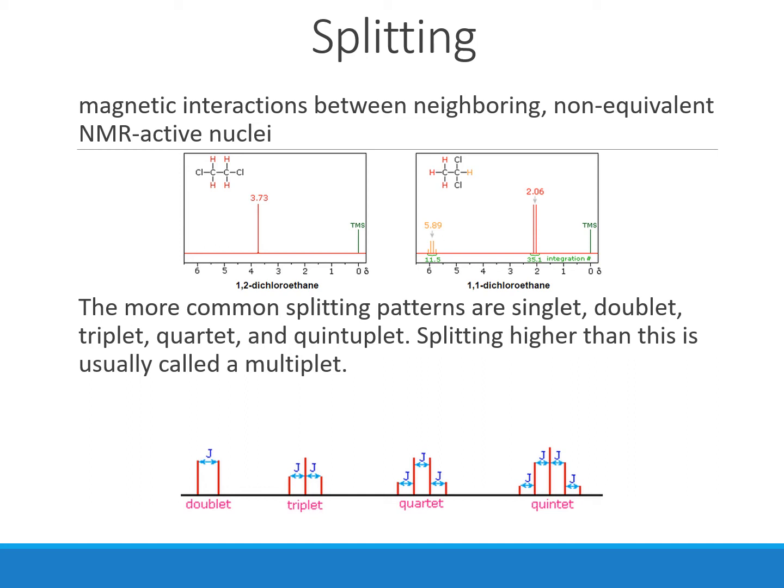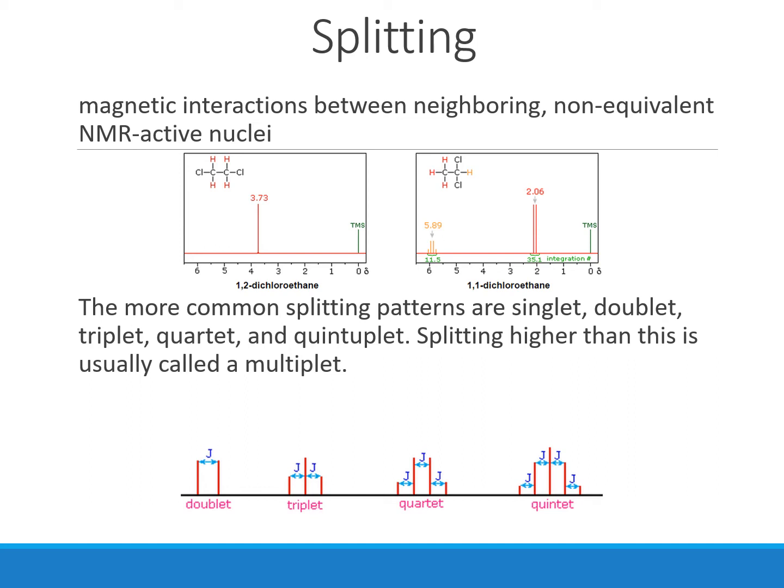Clearly, the hydrogen on the right has a different environment, with a different electronegativity impact from both chlorines compared to the three hydrogens in the methyl group.